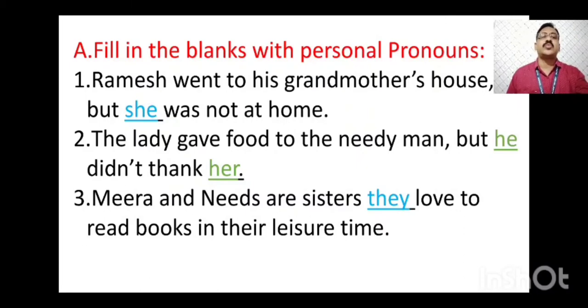Here he is used for the man and her is for that lady. Meera and Neeta are sisters. They love to read books in their leisure time. Meera and Neeta, these are two girls. As they are plural, we have to use they for them.